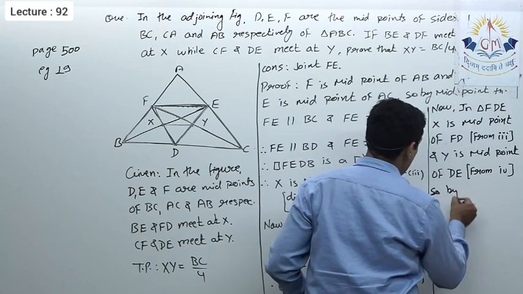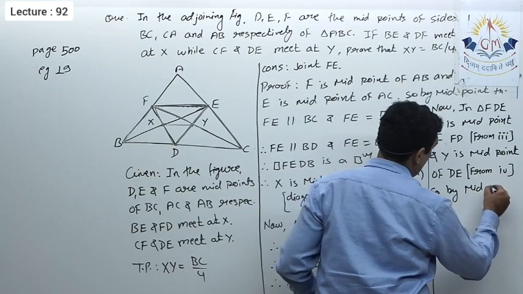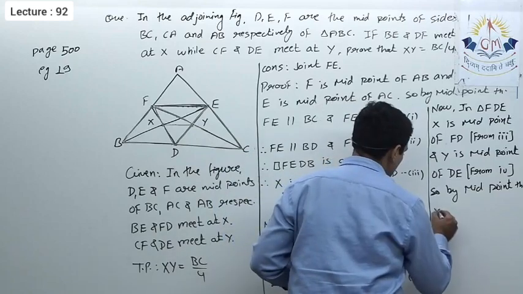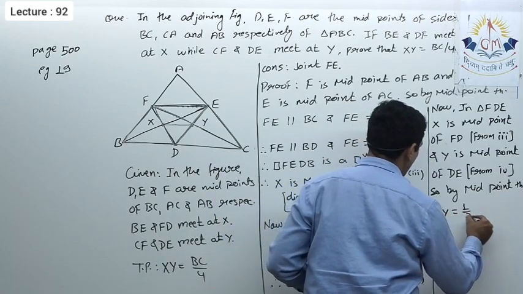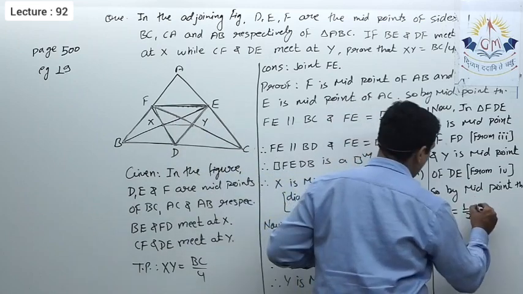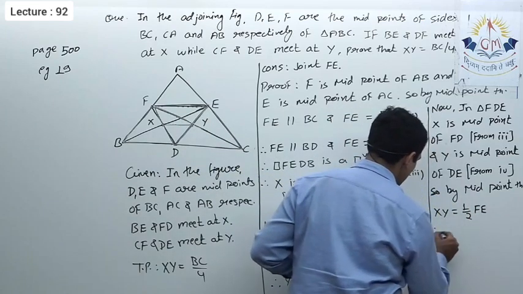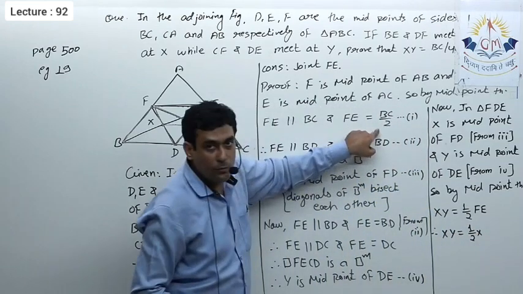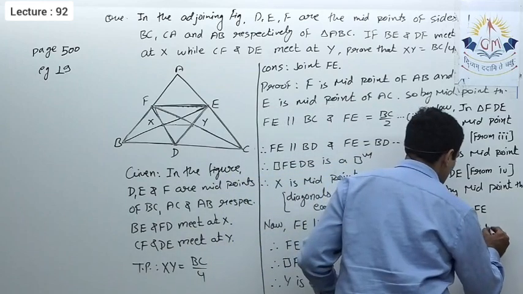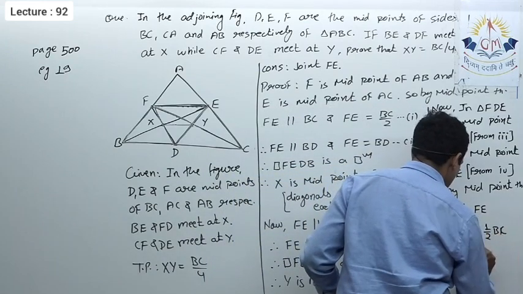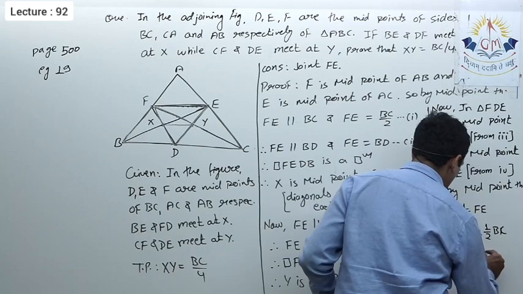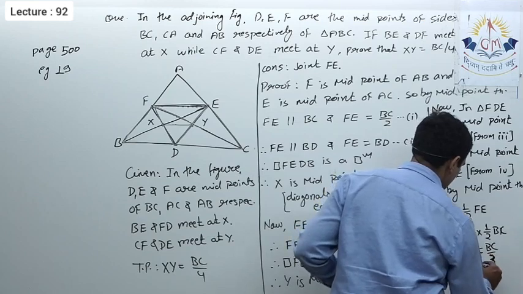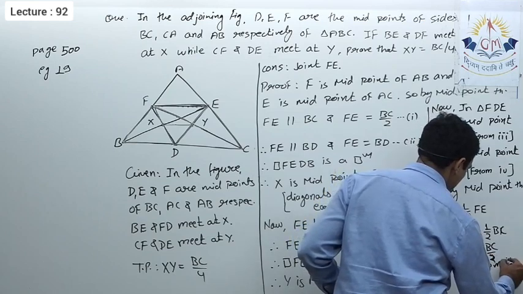So by the midpoint theorem, I can say XY is equal to half of FE. Therefore XY is equal to 1 by 2 into FE, and FE is equal to BC by 2 from first.